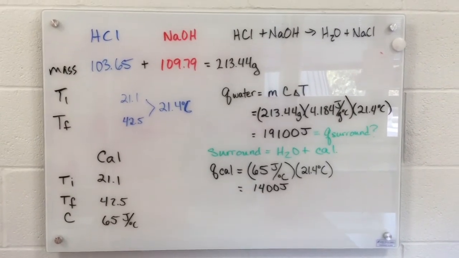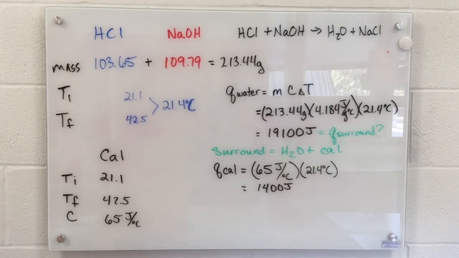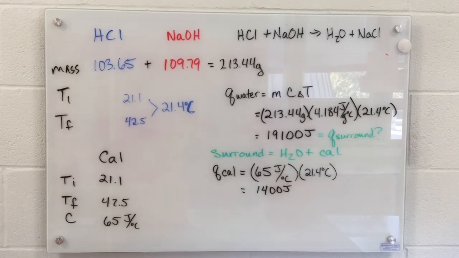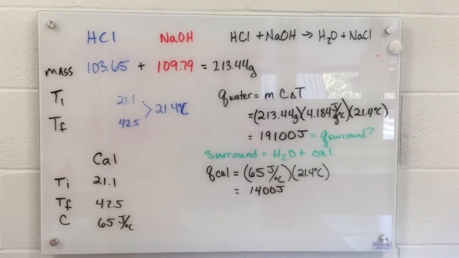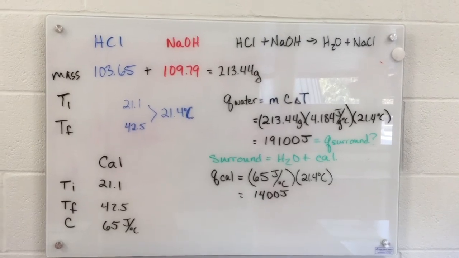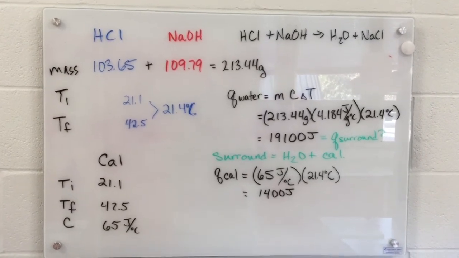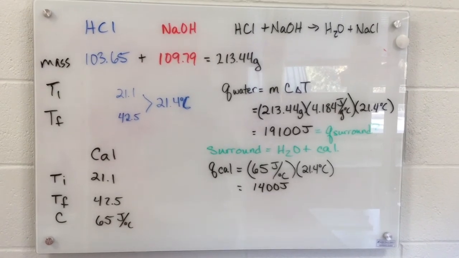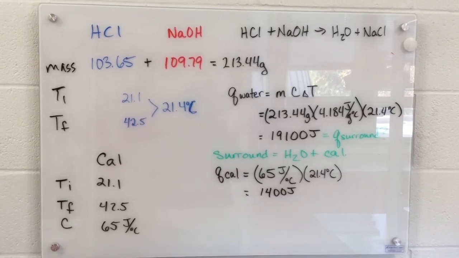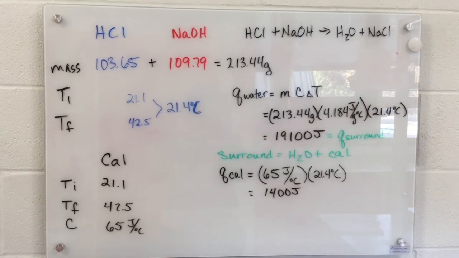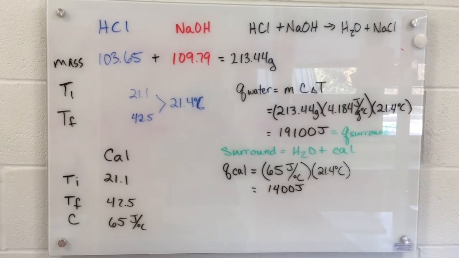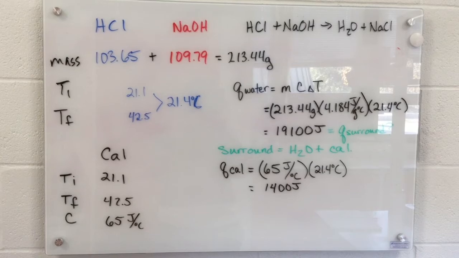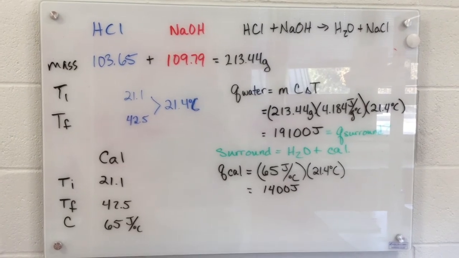Remember that the calorimeter is not the same throughout. Part is styrofoam, part is the metal and the plastic of the thermometer, part is the air. So we aren't going to use per gram. We're just going to use the 65 joules per degree Celsius and multiply that by the temperature change for 1400 joules. This is pretty small, but it's not negligible compared to the amount that we have for the Q of the water.